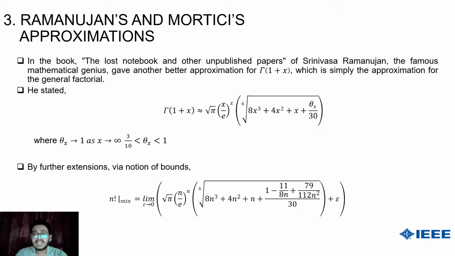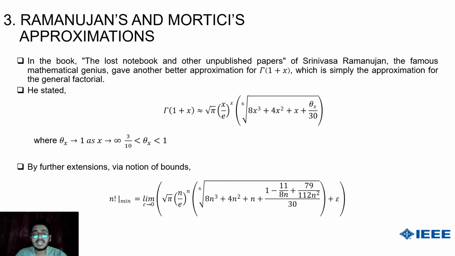The next slide is about Ramanujan's and Mortici's approximation. In the book The Lost Notebook and Other Unpublished Papers of Srinivasa Ramanujan, the famous mathematical genius, he gave some better approximation of gamma of 1 plus x. That gamma of 1 plus x is nothing but the general factorial itself.